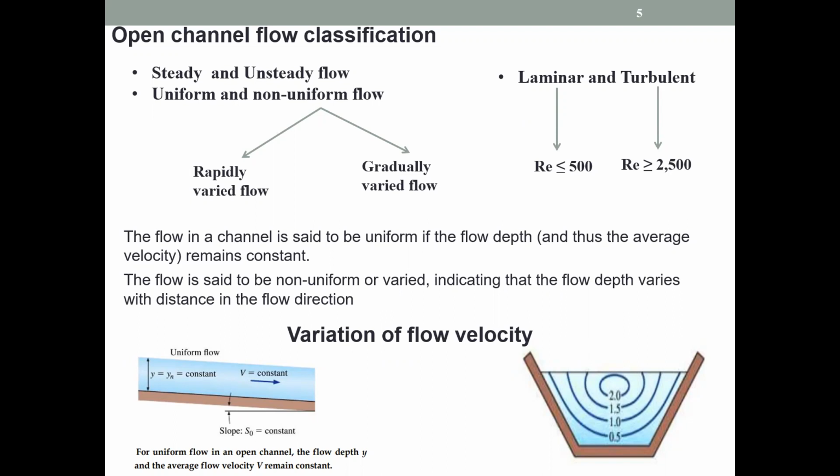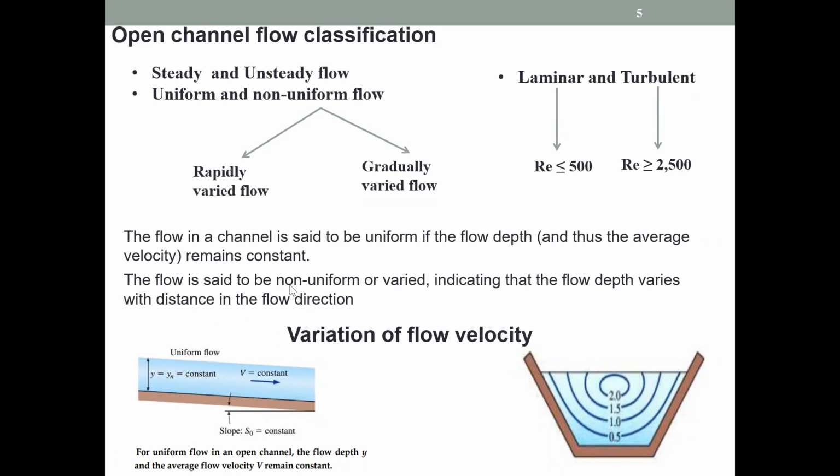Now think about a water flow with a constant velocity. In that case, the water depth will be constant, right? The flow in a channel is said to be uniform if the flow depth, and therefore the average velocity, remain constant.